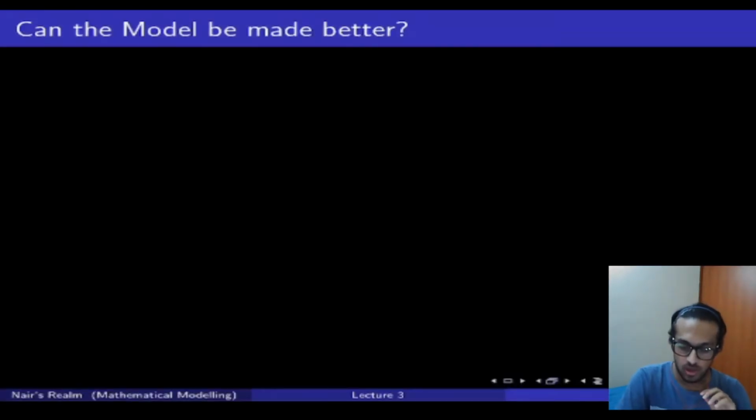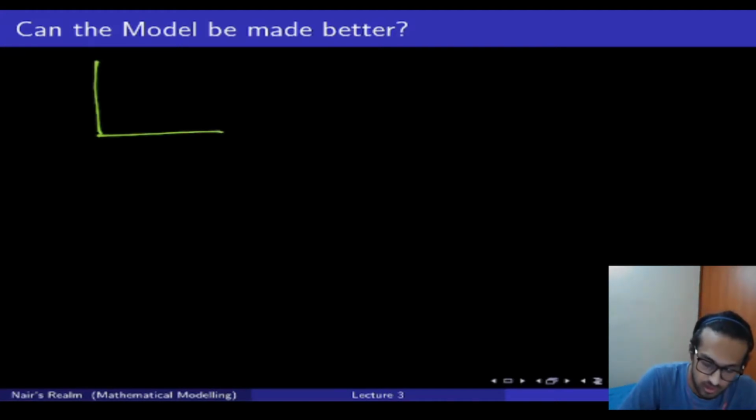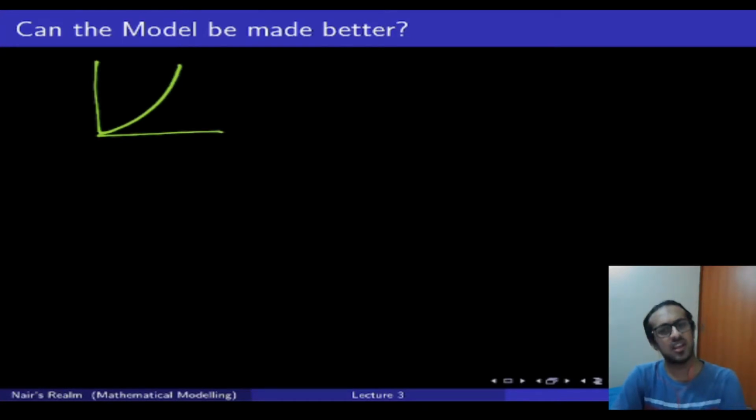So, can the model be made better? If you think about it, the exponential growth graph says that even as time progresses and the population becomes bigger and bigger, the increasing size of the population has little to no effect on the resources. And that's absolutely wrong, as we know.